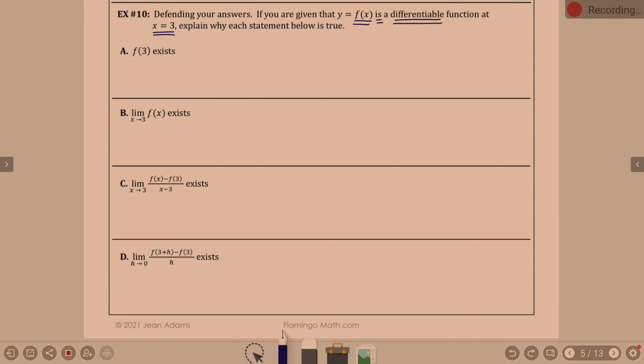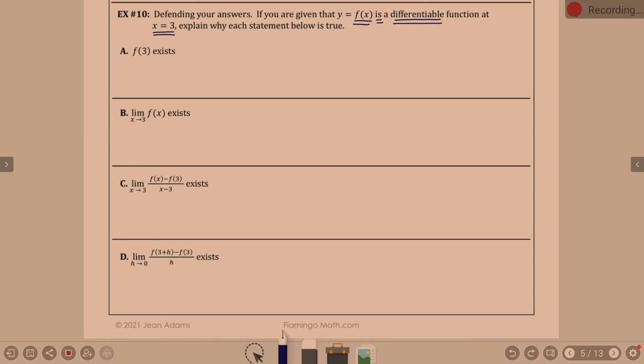Okay, if it's differentiable, what does that tell me? It's continuous, right? Differentiability implies continuity. So if it's differentiable, it's continuous. Does that help me out here? If a graph is continuous, what does that mean happens at that point? It must exist, right? The limit from the left equals the limit from the right, and it equals the value of the point there.